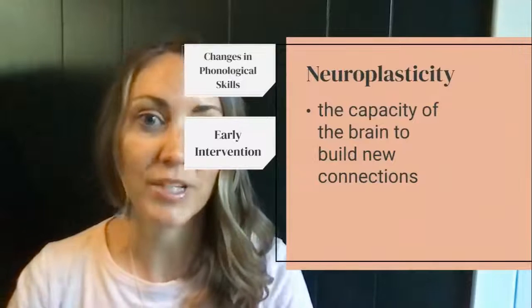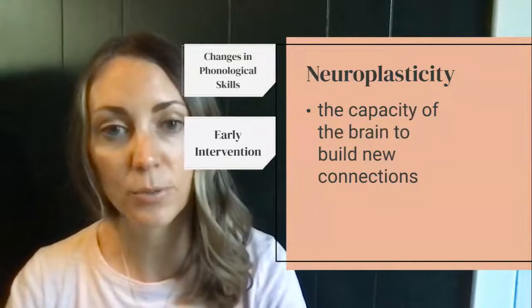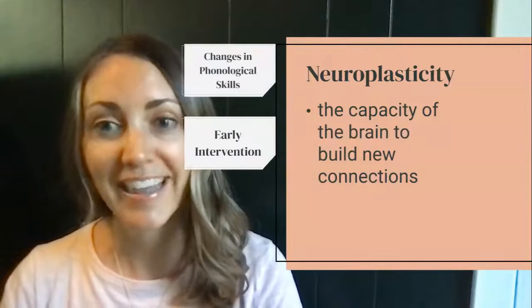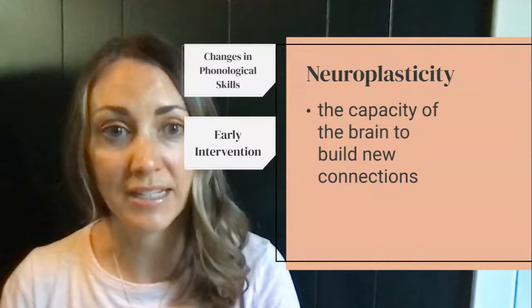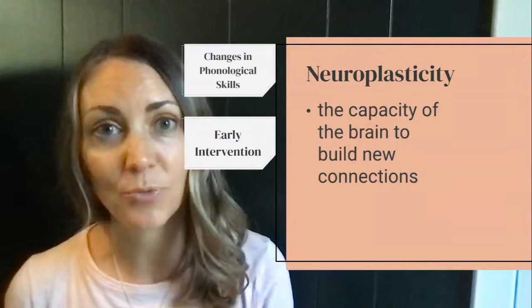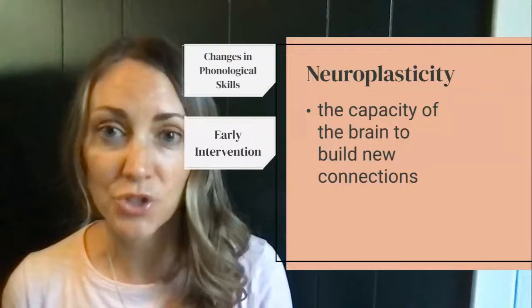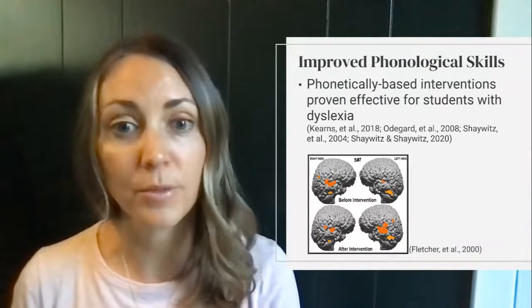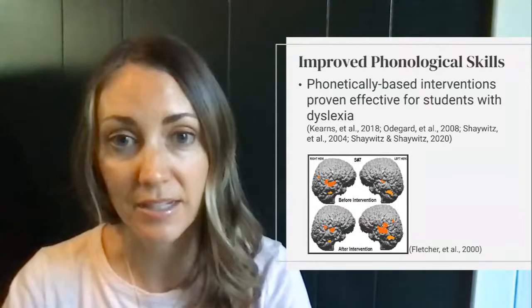So next we'll focus on neuroplasticity. Neuroplasticity is the capacity of the brain to build new connections. And this is really important to the science of dyslexia because all of this great neuroimaging that we now have has also shown us that we can actually rewire the brains of a person who is dyslexic.